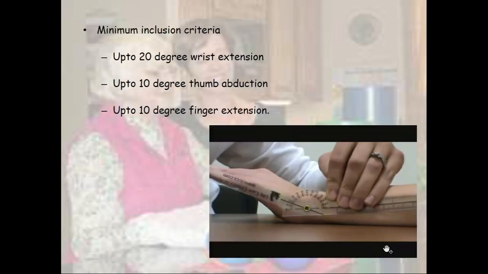The minimum inclusion criteria we have seen: a minimum of 20 degrees of wrist extension, a minimum of 10 degrees of thumb abduction, and 10 degrees of finger extension. If the patients match this inclusion criteria, in a pediatric or adult hemiplegic spastic patient, then this treatment comes into play.